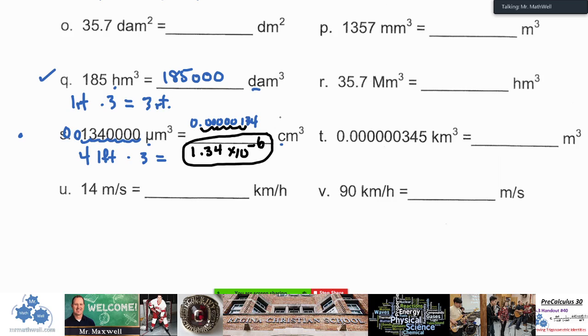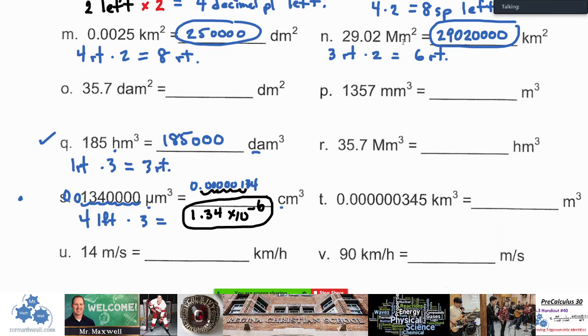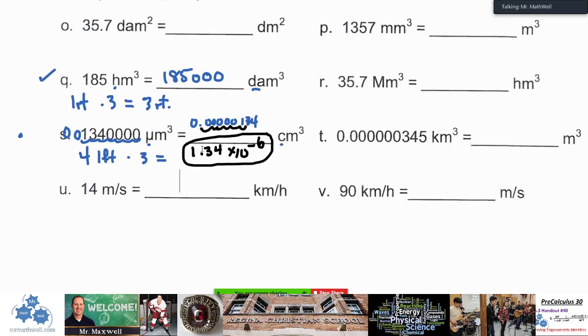Okay, so that's a couple things at once there. The metric conversion, and then transferring it into scientific notation. Yes? Okay, so for S here as well, here's your answer for S in both your standard form, your decimals, all those zeros, and then in scientific notation form as well. Okay.